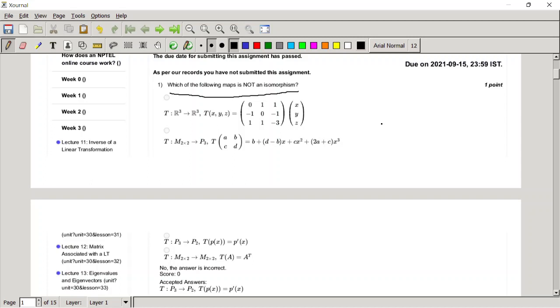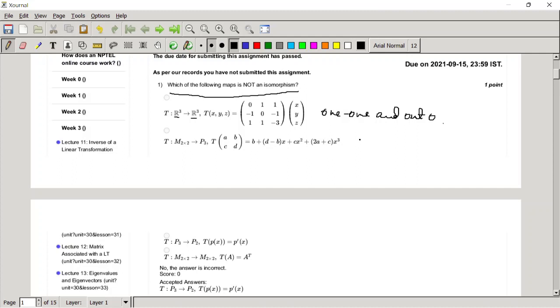To check whether it is an isomorphism, it is enough to check that it is one to one and onto. In fact, we don't need to check onto, because the domain and codomain are both R cube, so the dimensions of the vector spaces are the same. It is just enough to check whether the linear transformation is one to one or not.